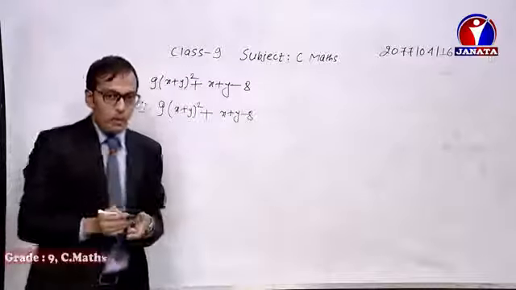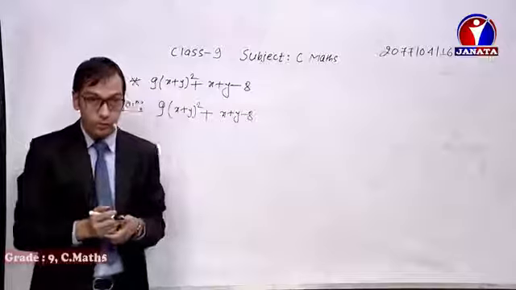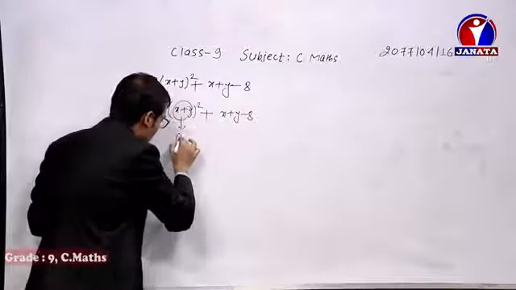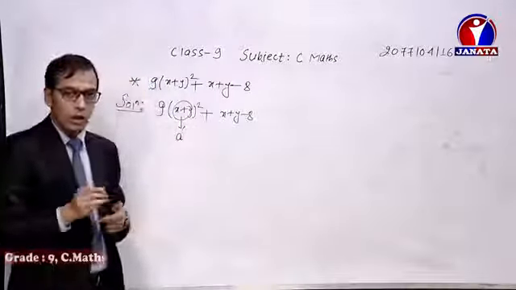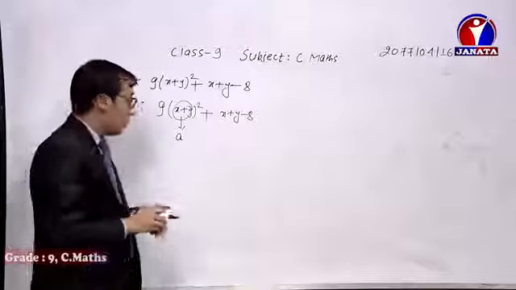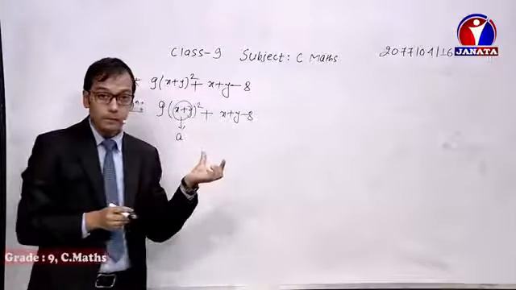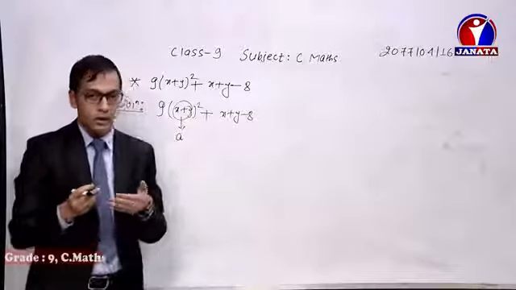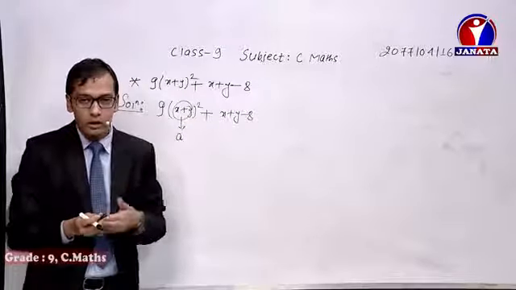Okay, I am making this factorization easy by supposing this x plus y is a. Why am I doing this? The reason is that I want to transform this expression into a simple expression, and then we will factorize this.